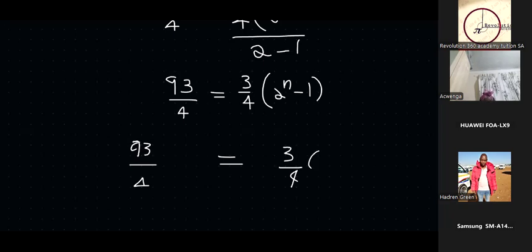Now when you solve for n, the first thing you must do is multiply both sides by the reciprocal of 3/4, which is 4/3. Multiply both sides by 4/3, because math says what you do on the left-hand side, you also do on the right-hand side.